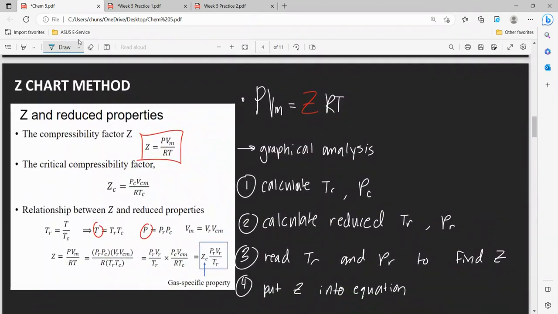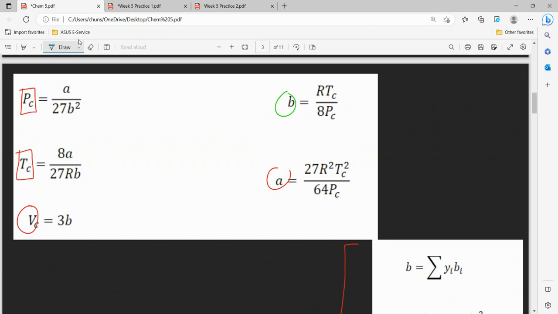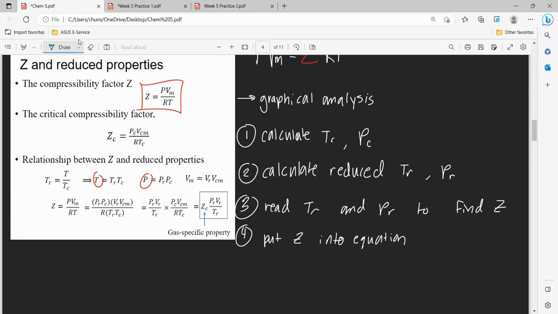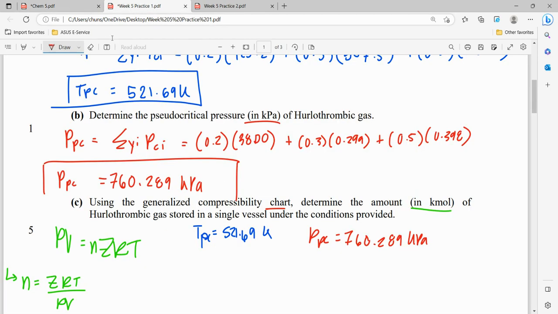So to calculate our reduced properties, do I have that on here? Yes, we do. Reduced properties are equal to your given over your critical.